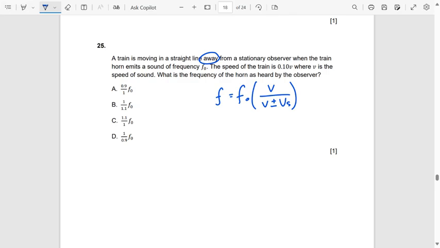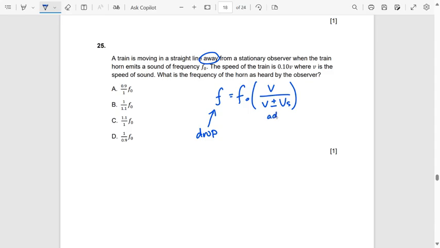Now, we are trying to find the frequency heard by the observer. So this is like the observed frequency, the one that doesn't really exist. So think about the Grand Prix, when the car's going meow, the frequency is going to drop. Therefore, this bit here needs to be as big as possible.